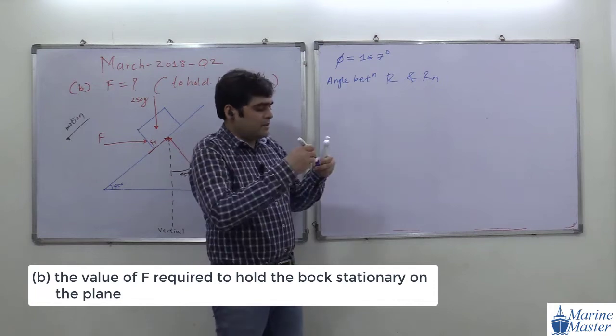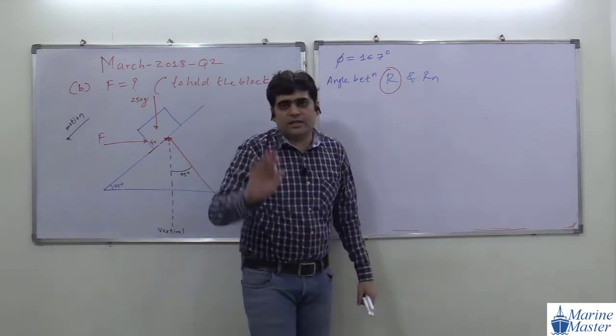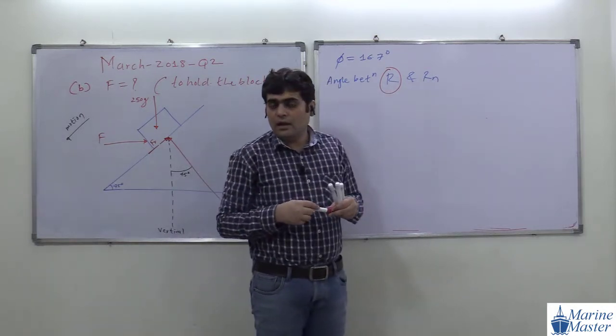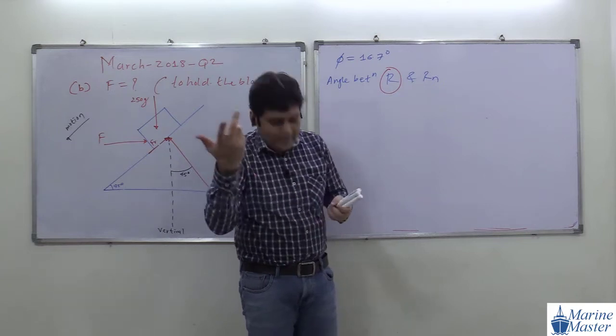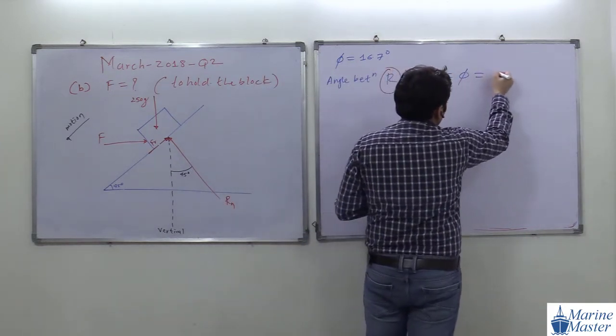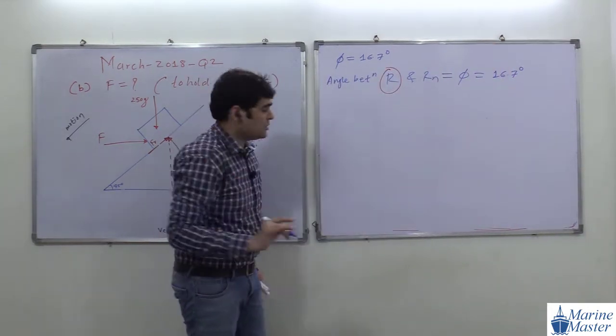What is the meaning of R? R means resultant reaction. And the angle between R and Rn is phi, the angle of friction that we studied. Its value in this scenario is 16.7 degree.